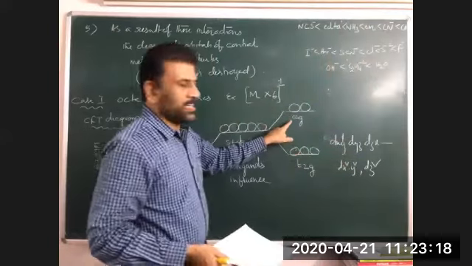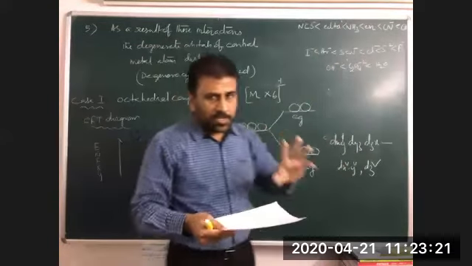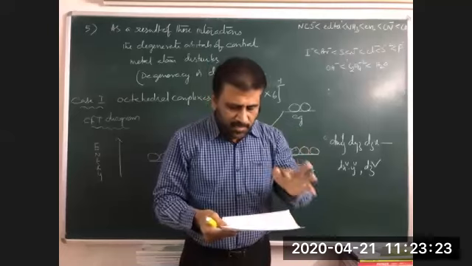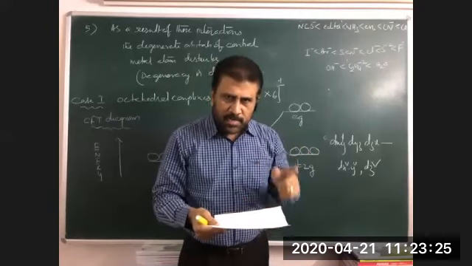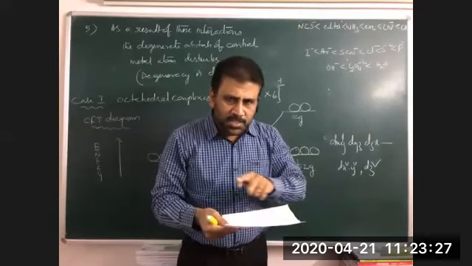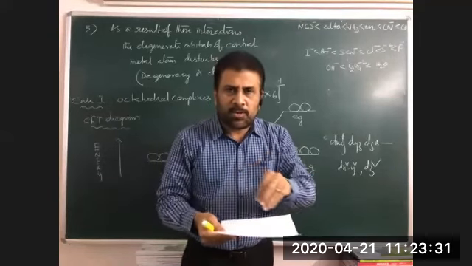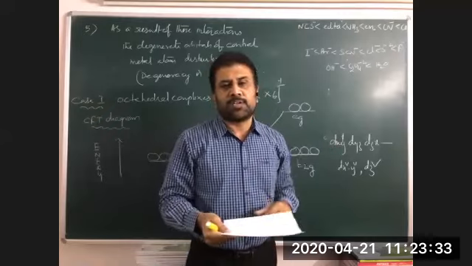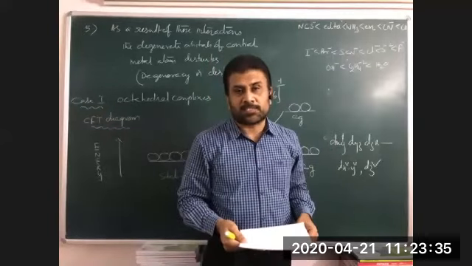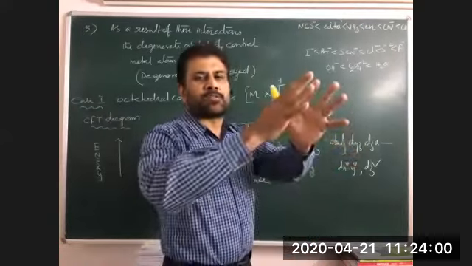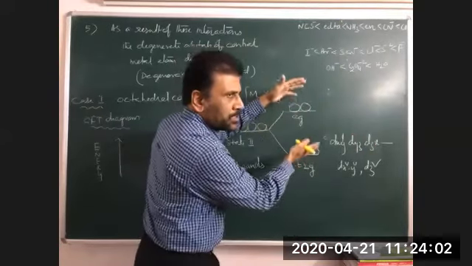That is why I have written here. Remaining 3 orbitals are there. What are the 3? dxy, dyz, dzx. These 3 orbitals are in between the axis. Therefore, the ligands do not have much repulsion when compared to the orbitals which are along the axis. That's why d orbitals undergo splitting. This is called crystal field splitting.